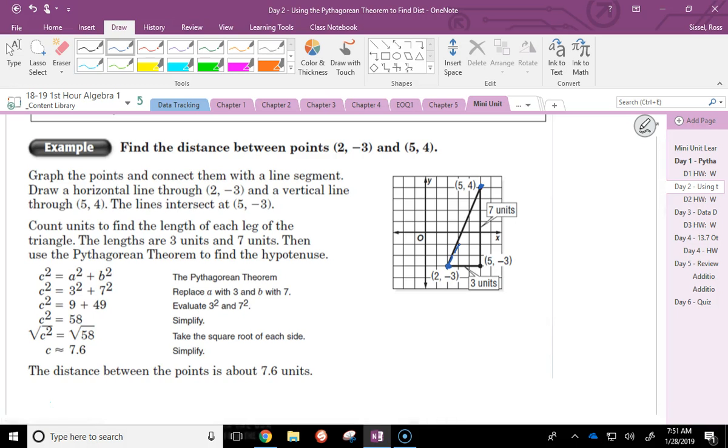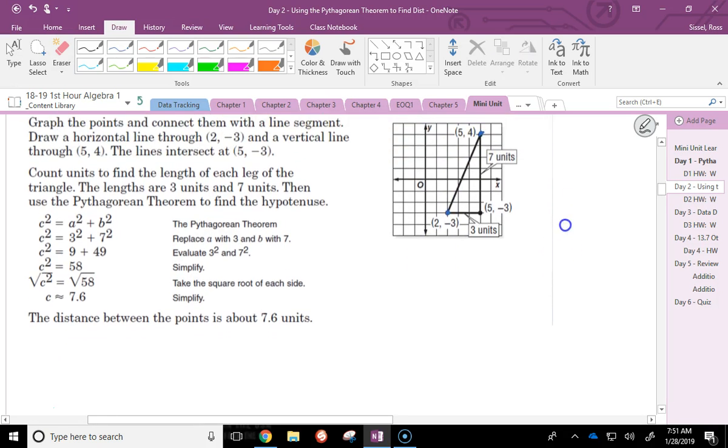Sometimes if we're just estimating, it might work, but when we need an exact answer, we need a method. That's where the Pythagorean theorem comes in.